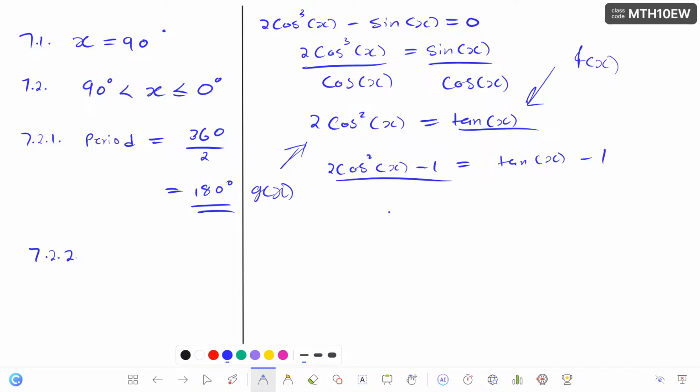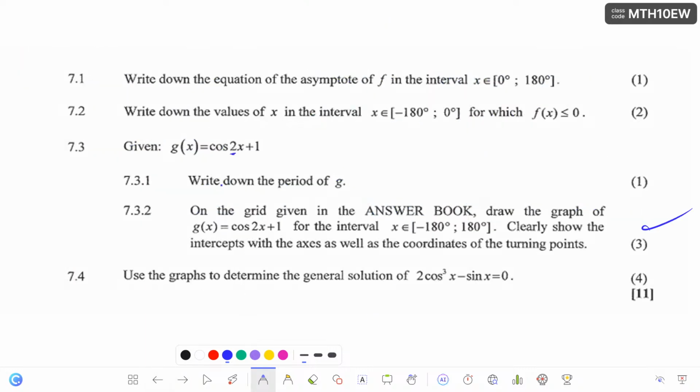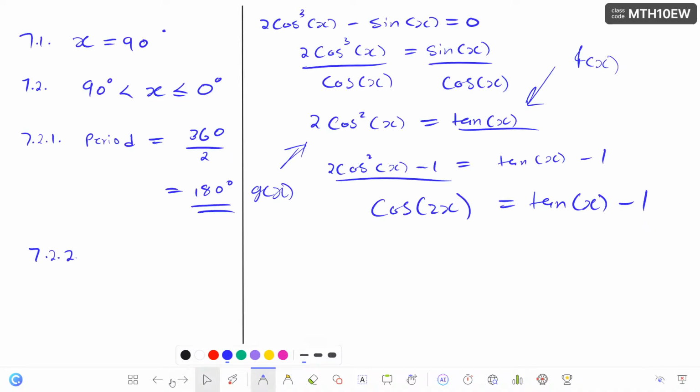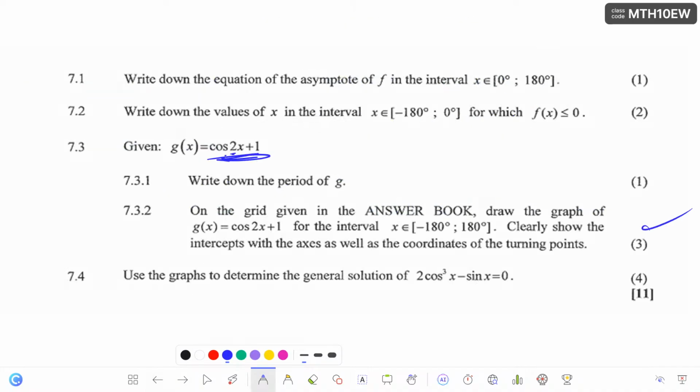So we know this one is the same thing as cos squared x. No, sorry, it's not cos squared x. It's cos 2x is equal to tan x minus 1. So okay, I'm trying to have this one. So how can I add in order to have this one?